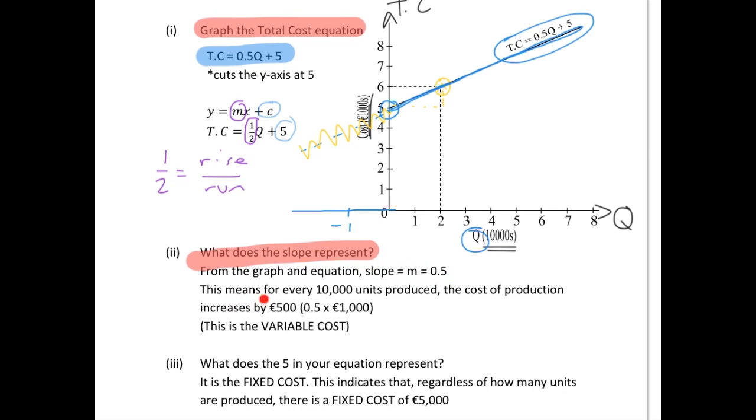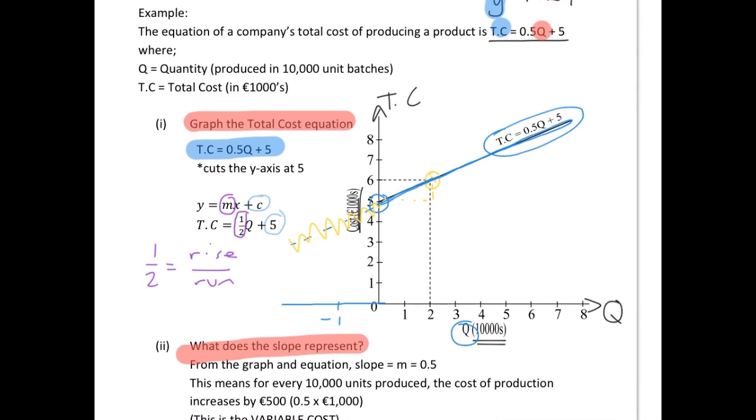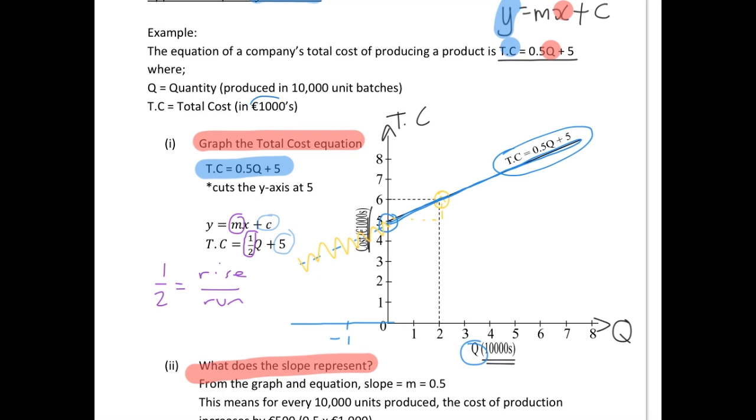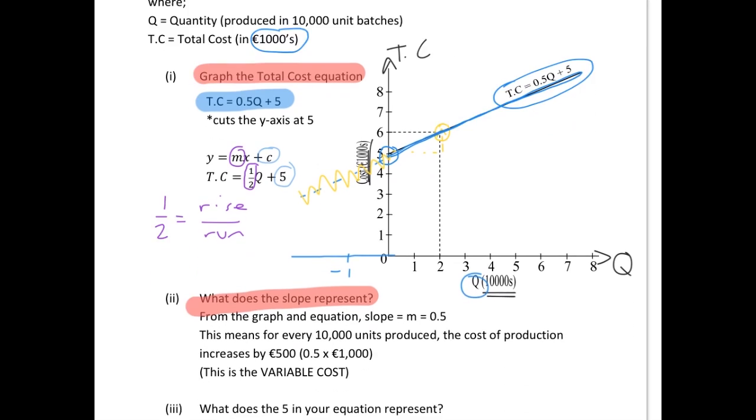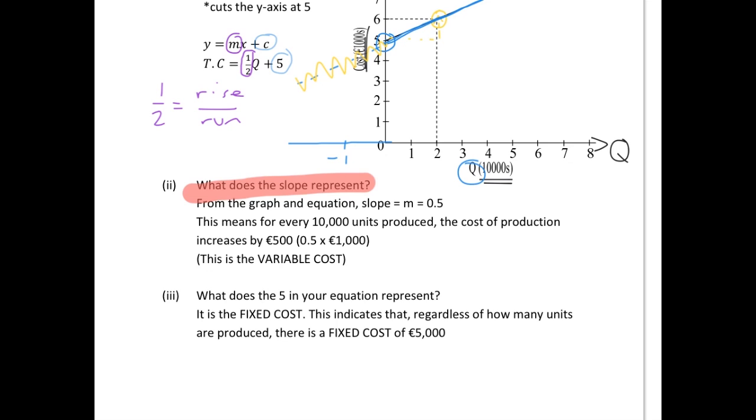This means that for every 10,000 units produced, the cost of production increases by 500 euro, or 0.5 times 1,000 euro, because we were told that the cost increases in units of 10,000. This is our variable cost, the cost that changes depending on how many units we produce.